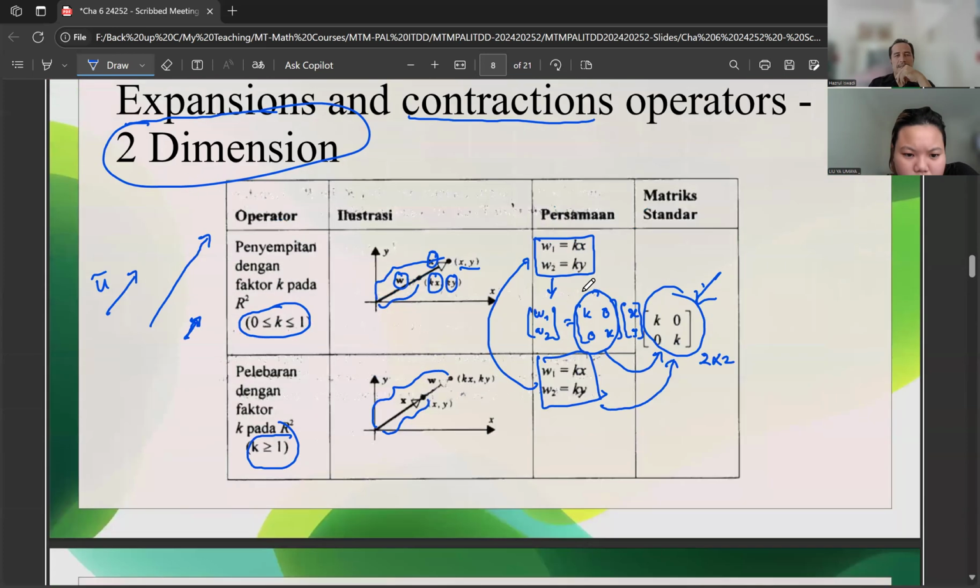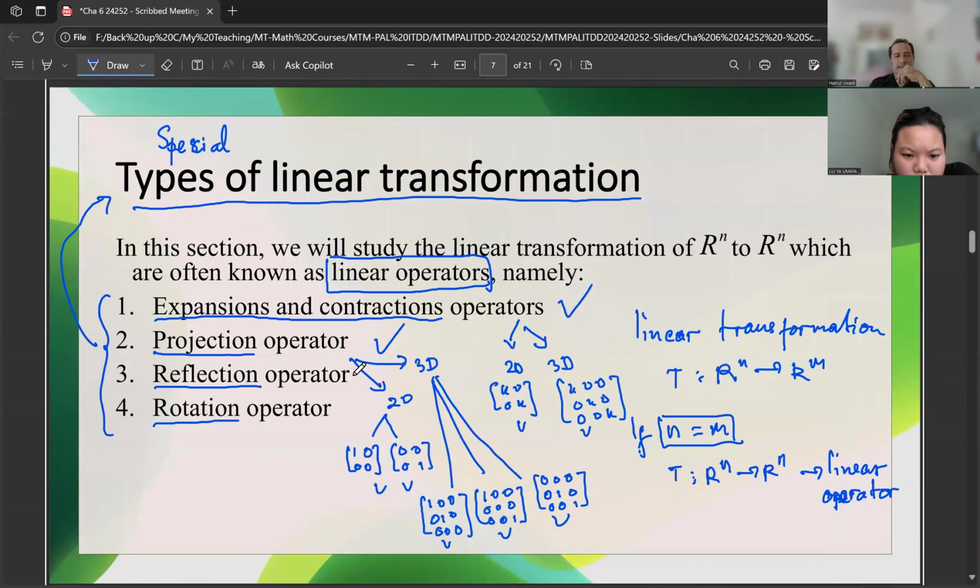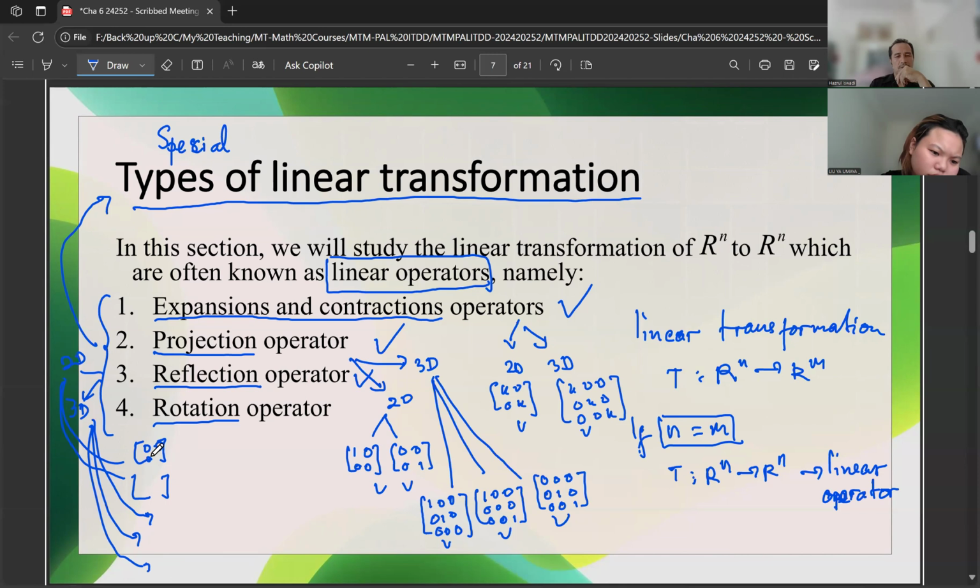In this reflection, we have two dimensions and three dimensions. Two dimensions contain three matrices, and in three dimensions we have three matrices. Here we have 1, 0, 0, 0, 1, 0, 0, 0, minus 1, and this is minus 1, 0, 0, 0, 1, 0, 0, 0, 1.